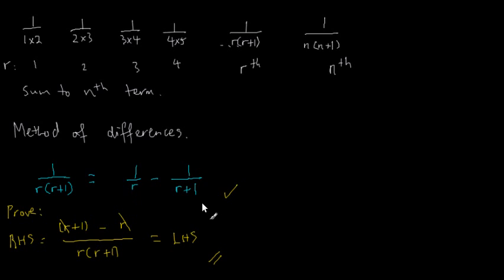Now there's something special about this form which is very helpful. To see what is special about it, what we could do is to write out a few of these terms in this form and see what they look like.